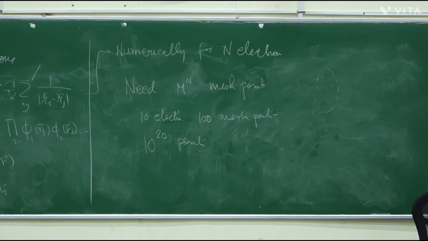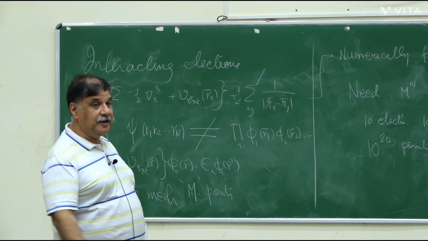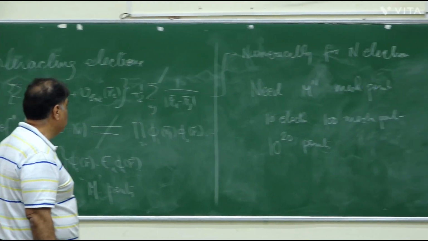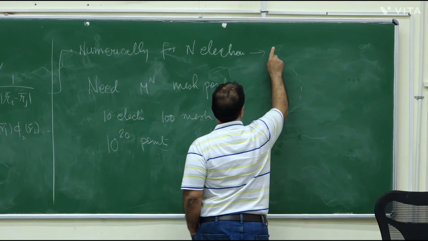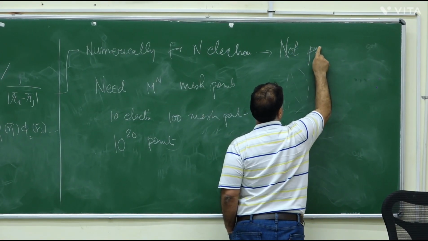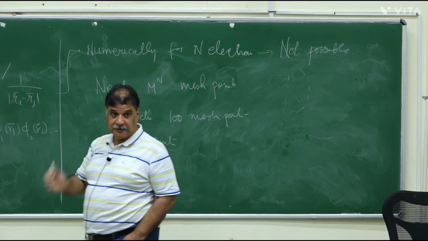I mean, this kind of memory I don't have. So numerically, even for just 10 electrons, I cannot solve the problem. Right? So this is not possible. And that's what makes the problem very difficult.